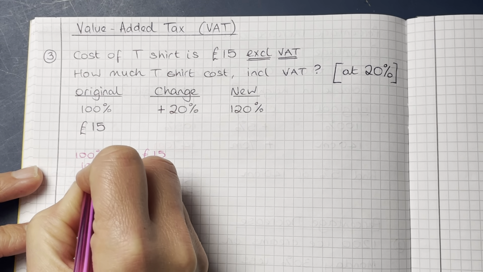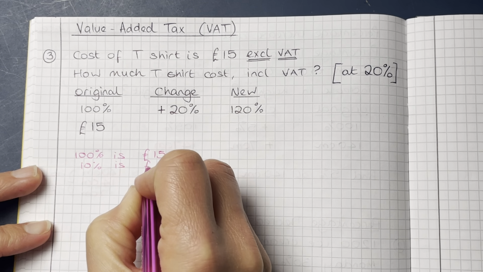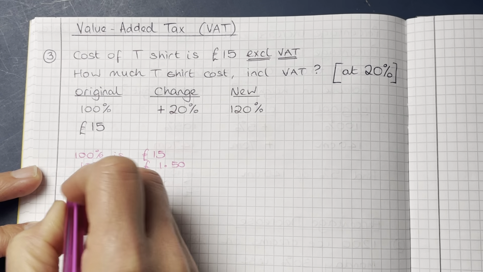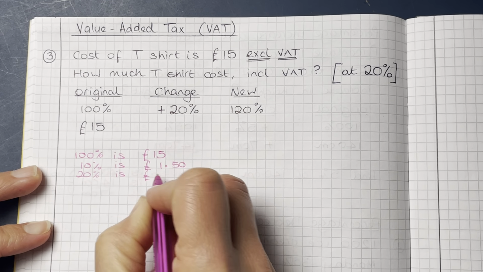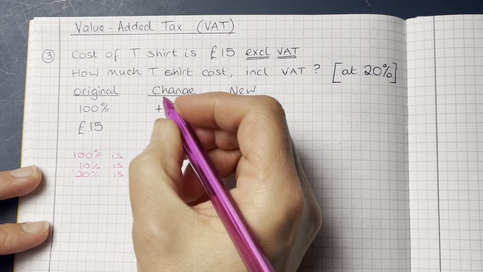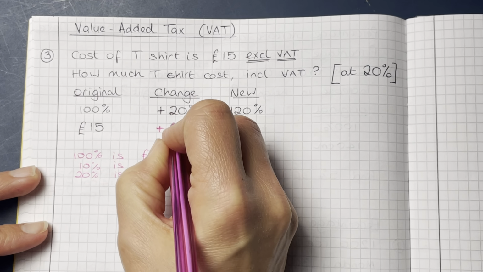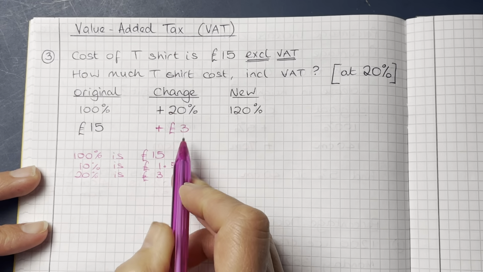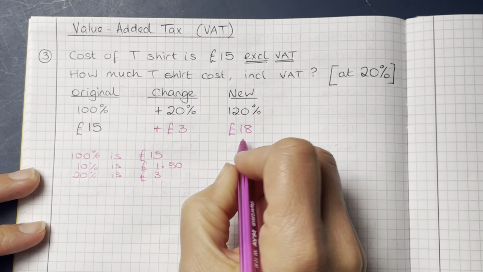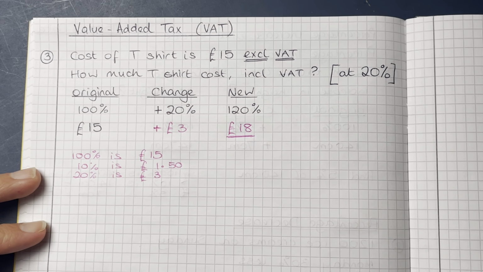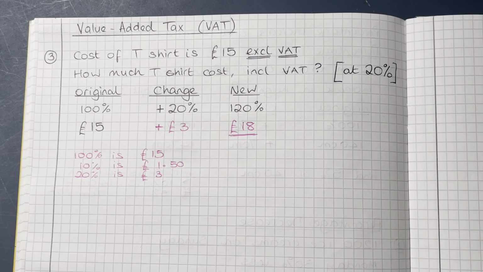So I can work out that 10% is £1.50, and therefore 20%, if I double £1.50, gives me £3. So my change is an increase in £3. So my new price, the cost including VAT, is £18.